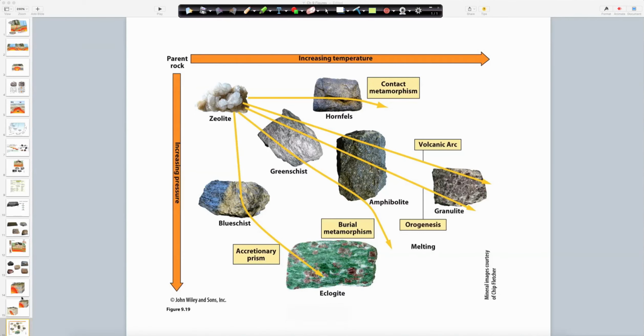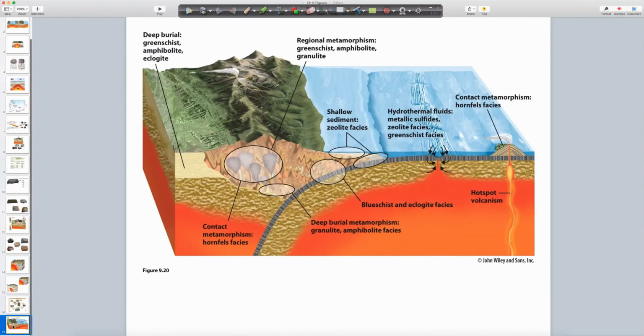So if we look at a convergent plate boundary, here's an ocean to continental convergent plate boundary. So this is hydrothermal fluids, zeolite facies, and green schist facies form here because you're heating things up. But also it's just shallow burial.